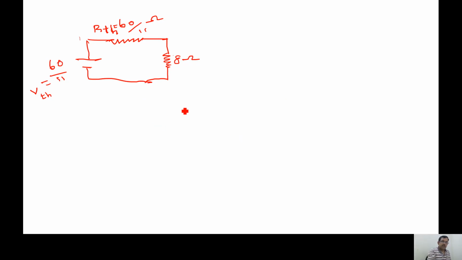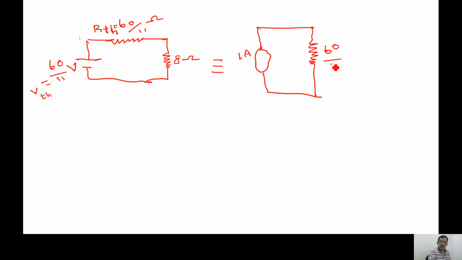So this is my VTH equal to 60 by 11 volt. If I want to give the current source representation, I have to use a Norton current source. So that will give 1 ampere, because this is the same thing, V equal to IR. So you will get 1 ampere with a shunt resistance, that will be your Norton's resistance 60 by 11.